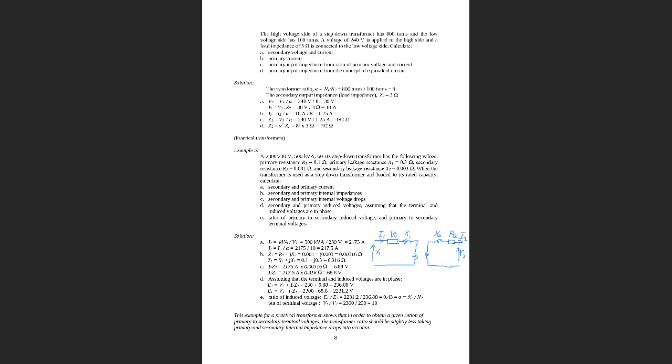Because we base the calculations on the arrow direction, supposing that represents the practical relative direction, we do the calculations showing the solutions. So here is the internal induced voltage on the primary side. Here is the internal induced voltage on the secondary side.